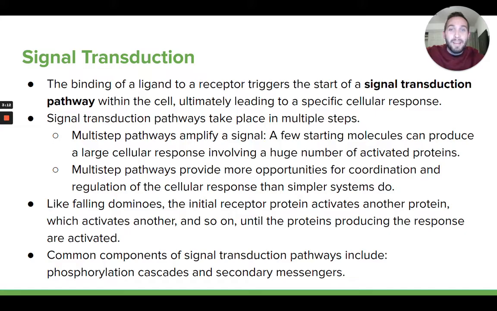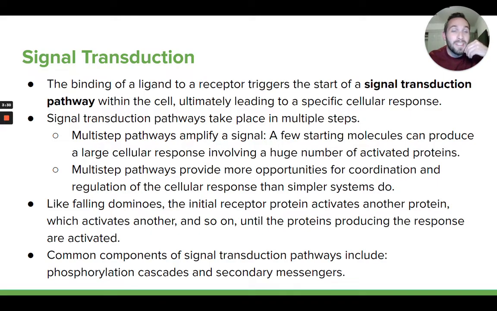Another reason having multiple steps is beneficial is that it allows for more intricacy in terms of the possible things that could now happen in the cell when a ligand binds to a cell.